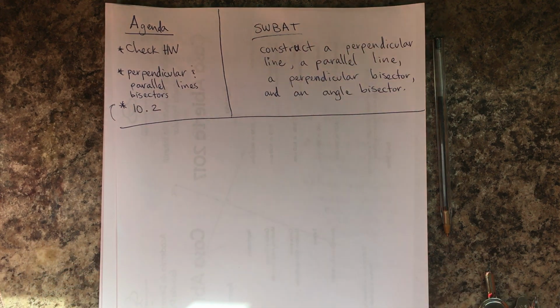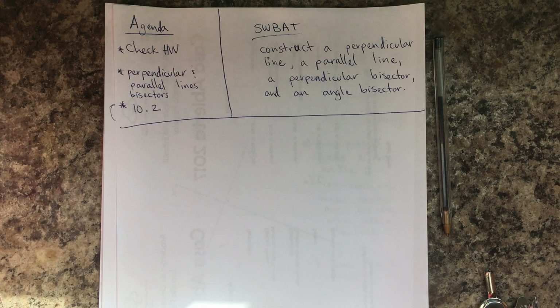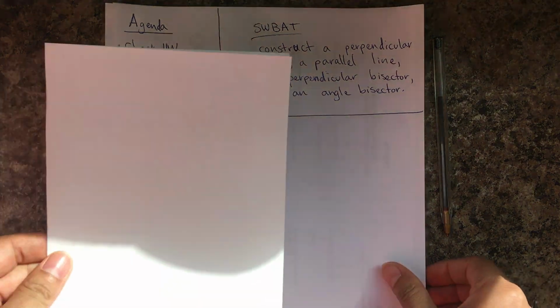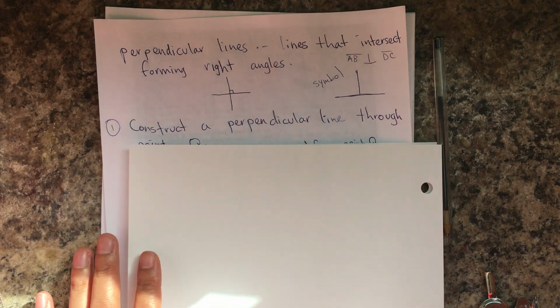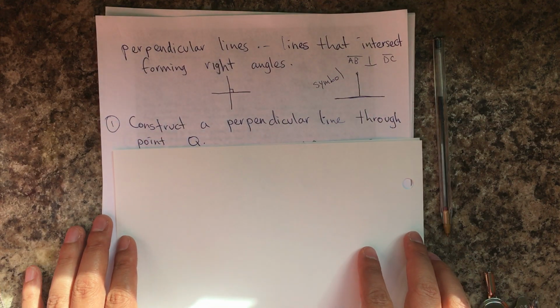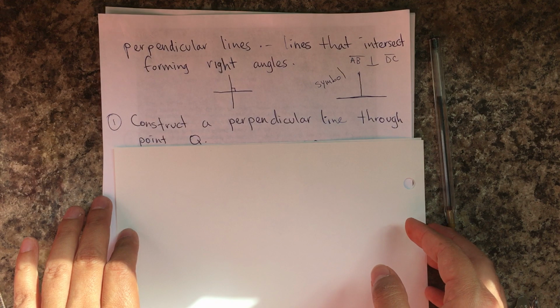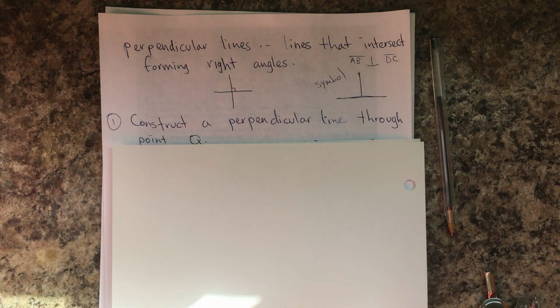And so I'm going to start by giving you some definitions, and then I'll show you the demonstration. So if you can start by copying this, it says perpendicular lines: lines that intersect forming right angles.